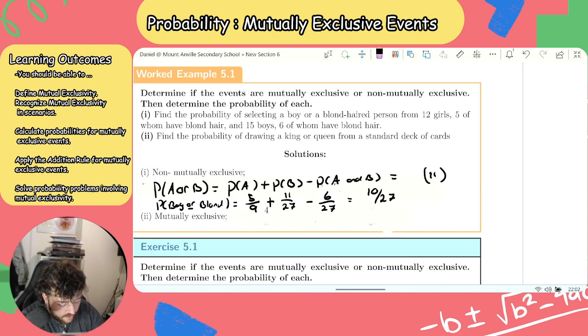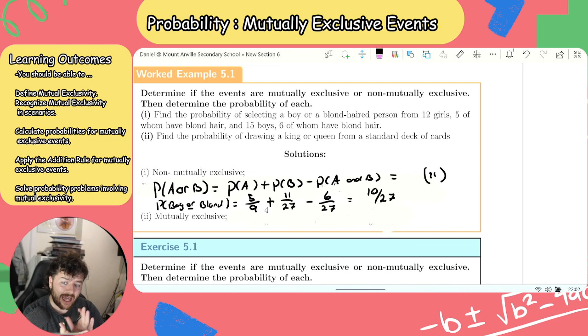Now let's find the probability of drawing a king or queen from a standard deck of cards. So we want the probability of drawing a king or a queen. Are these mutually exclusive events? Yes, they are, because I can't draw a king and a queen, right? It's either a king or a queen. It can't be both. Now, if it said king and a diamond, I have a diamond king, so then they would be non-mutually exclusive, but these can't happen at the same time.